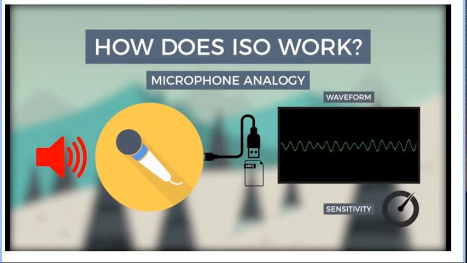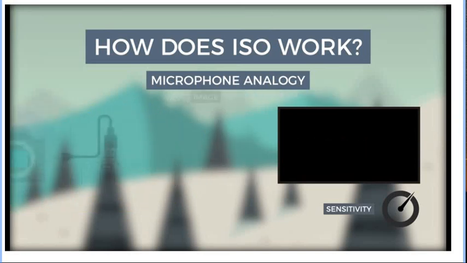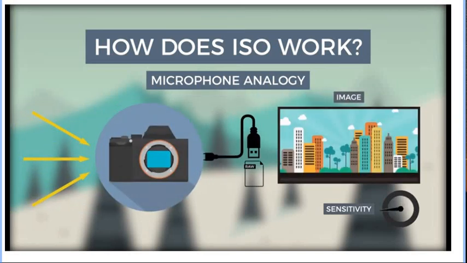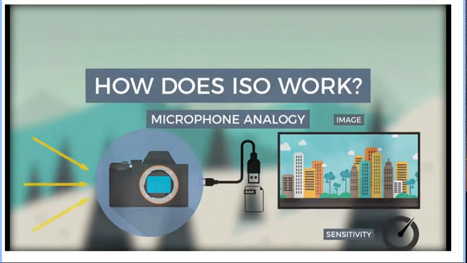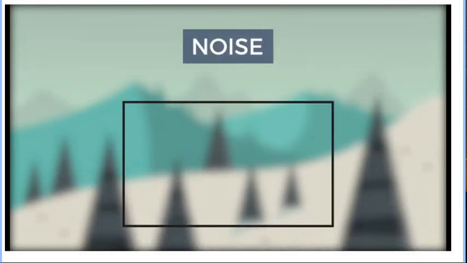However, besides the whisper being louder, background noise is amplified as well, and you may even hear the hum of the microphone's electronics. Similarly, increasing the ISO of a camera increases its sensitivity to everything, revealing any lighting artifacts, as well as any electrical grain in the system. This phenomenon is referred to as noise in the world of photography.